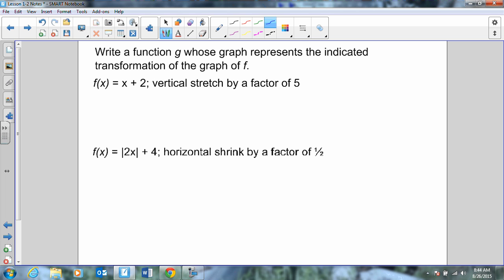That's the original one. We construct them initially. So this is the stretch vertically.